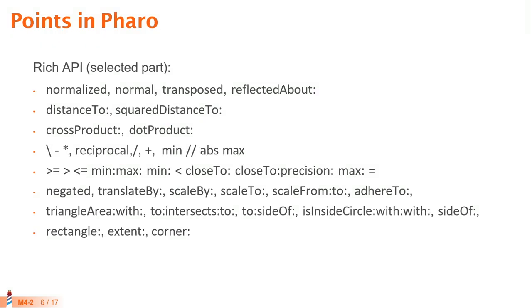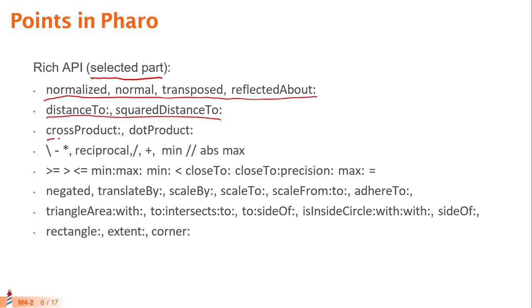Let's see another example, the implementation of points in Pharo. We will see that it has a really rich API. We have selected some of the messages that we can send to a point, but we can see that we have a selection to operate on them: to normalize, transpose, reflect about another point, and different ways of calculating distances.